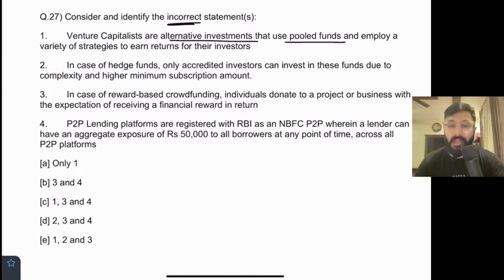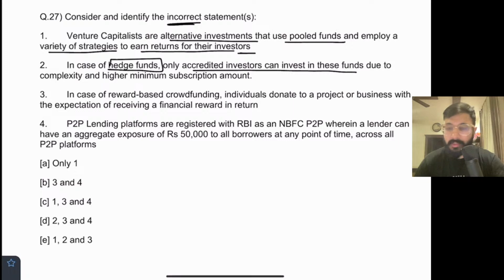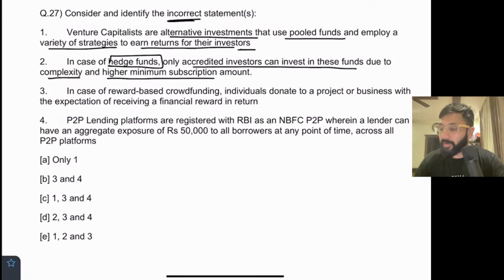use pooled funds and employ a variety of strategies to earn returns for their investors. In the case of hedge funds, only accredited investors can invest in these funds due to complexity and higher minimum subscription account. In the case of reward-based crowdfunding, individuals donate to a project or business with the expectation of receiving a financial reward.